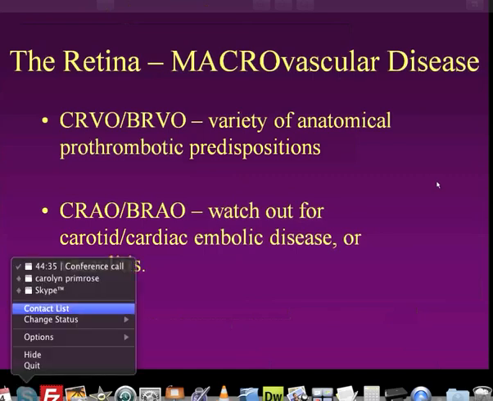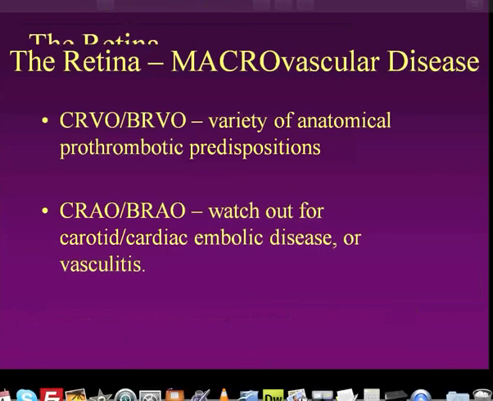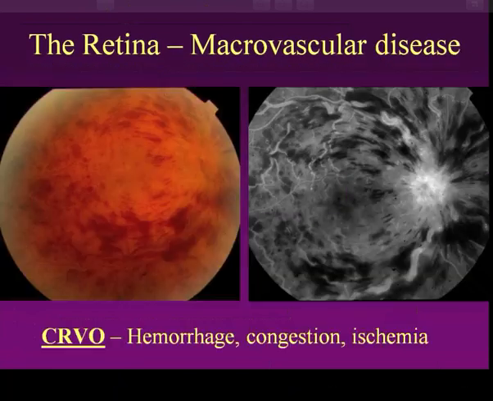Vein occlusions and artery occlusions can be directly seen in the eye. They're often an indication of hypercoagulable states or embolic disease from, say, the carotids or cardiac sources, or sometimes inflammatory vasculitic conditions can be diagnosed when these occur.